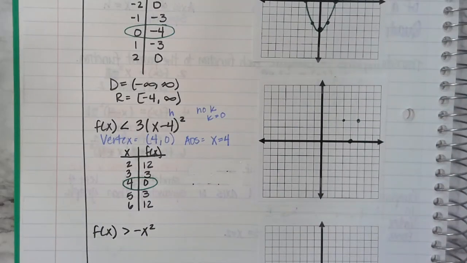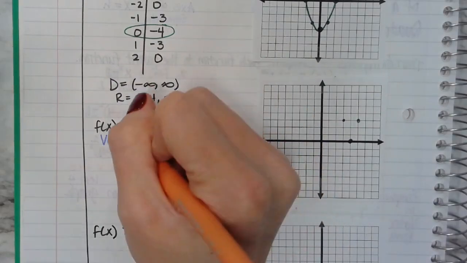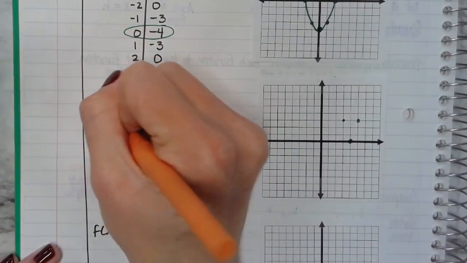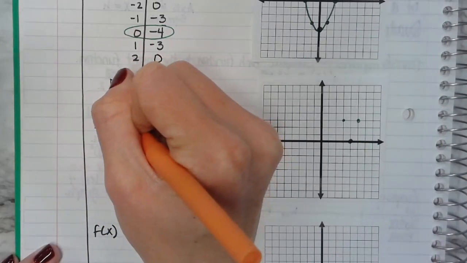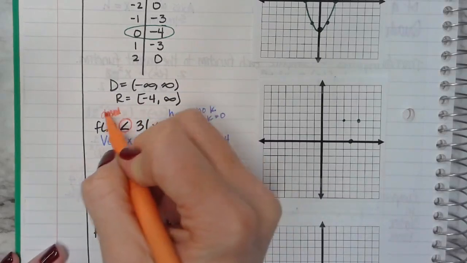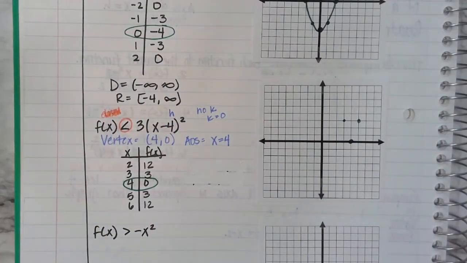Now, because this is an inequality, I have to consider, is this a solid line or a dashed line? Looking here, that's less than, so it's going to be a dashed line, and it's below. Dashed and below. All right, so a dashed line.